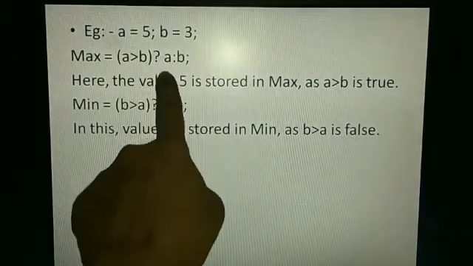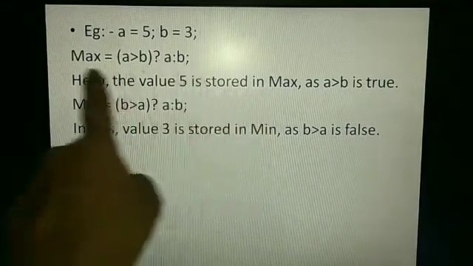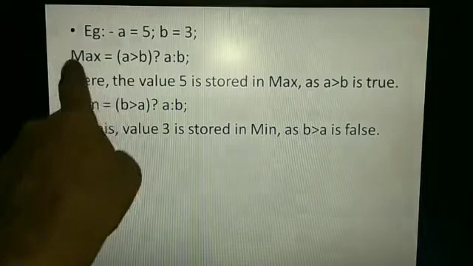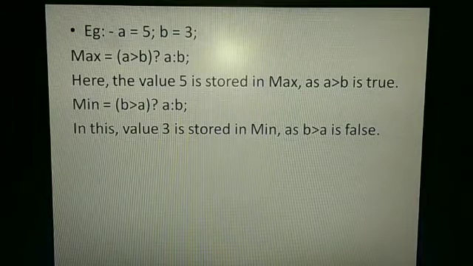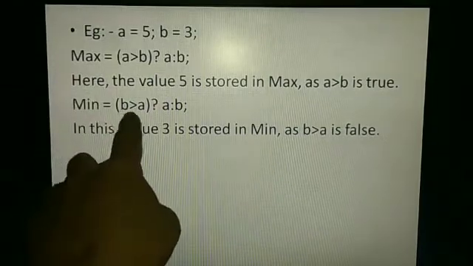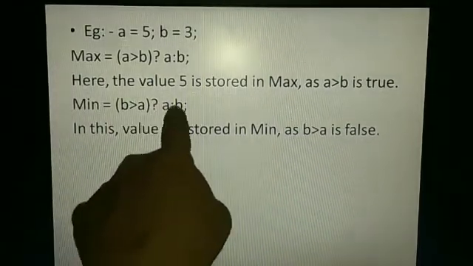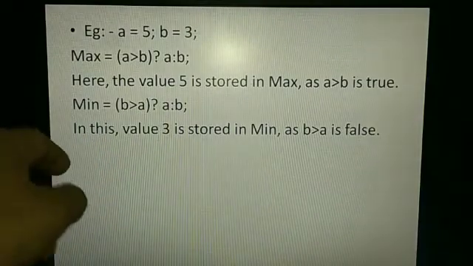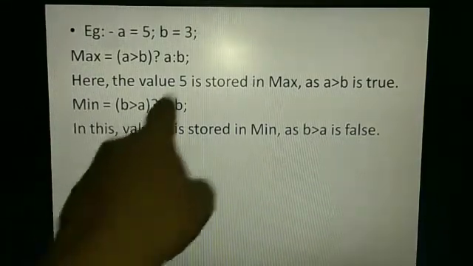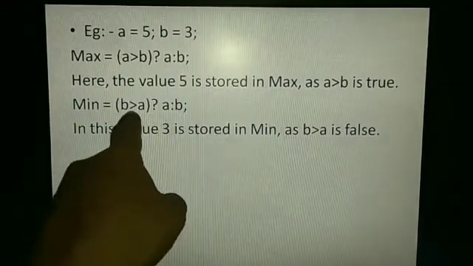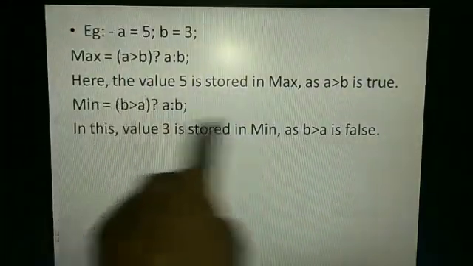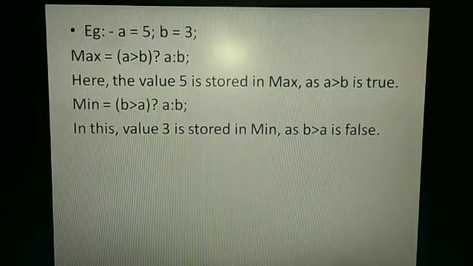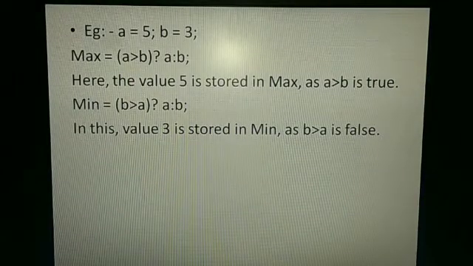Expression 1, that is a, is stored into max as the expression is true. Min equals a greater than b, question mark, b, colon, a. Here the value 3 is stored in min, as the test expression is false. Understood? This relates to the ternary operator.